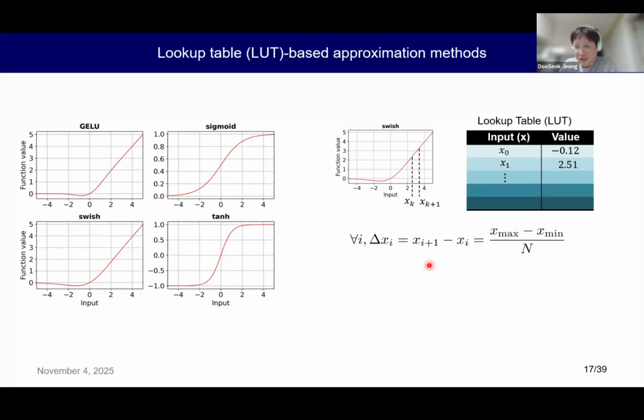A very straightforward idea is that you have a certain range of the input, right? When it comes to swish, you have a certain range, let's say from -5 to +5, and you simply uniformly bin the whole input, and you can build a lookup table in this way, right?